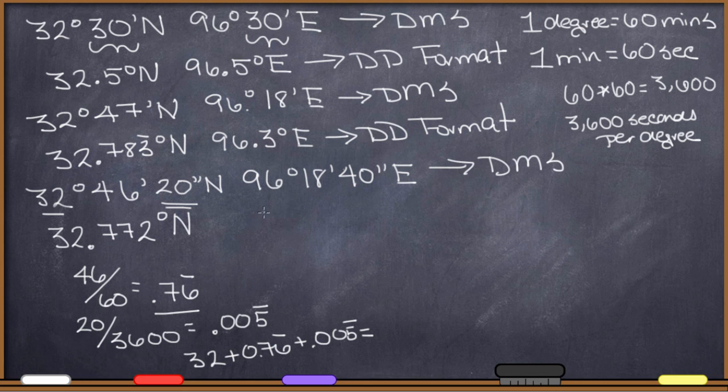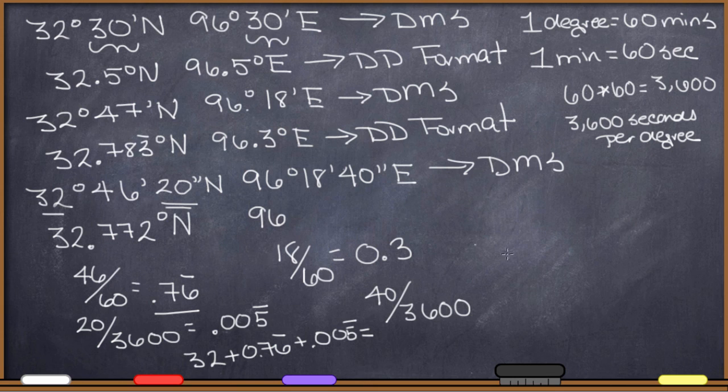I know that I've got 96. I'm going to keep the whole number right here, but now I need to know 18 divided by 60, and in order to take care of the minutes, I'm also going to have to take 40 and divide it by 3,600, and that's going to give me the fraction of a degree that those seconds are. 18 divided by 60 is 0.3. We actually did that one already.